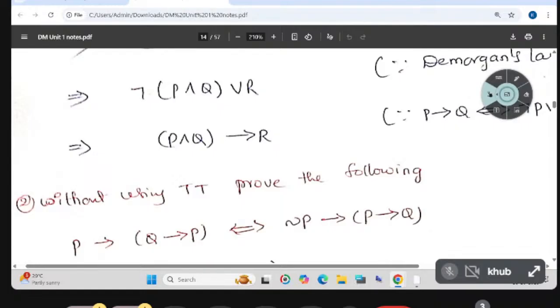What is the answer towards LHS? Anyone completed?